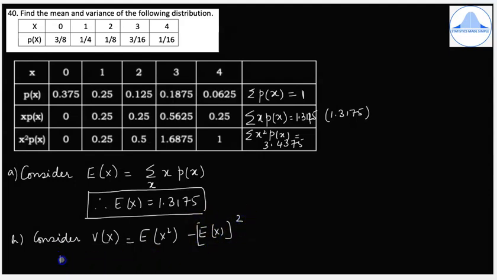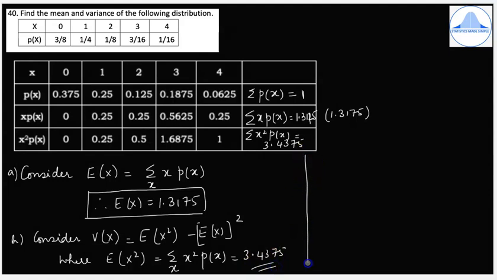We have to write the formula for expectation of x square, it is summation over x square p of x, and from the table this is 3.4375. Now let us substitute.